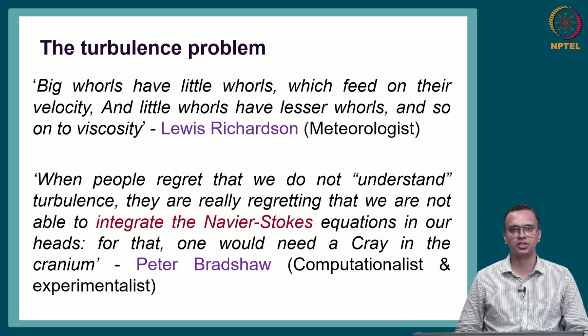And of course we have more such statements, one by Richardson. There is also a popular name, Richardson cascade in turbulence, and he was a meteorologist, and he is kind of giving you a qualitative view of what is turbulent flow, right? So he is saying that big whirls have little whirls, that is there are bigger eddies or vortices which have little smaller vortices which feed on their velocity, and little whirls have lesser whirls, and so on to viscosity.